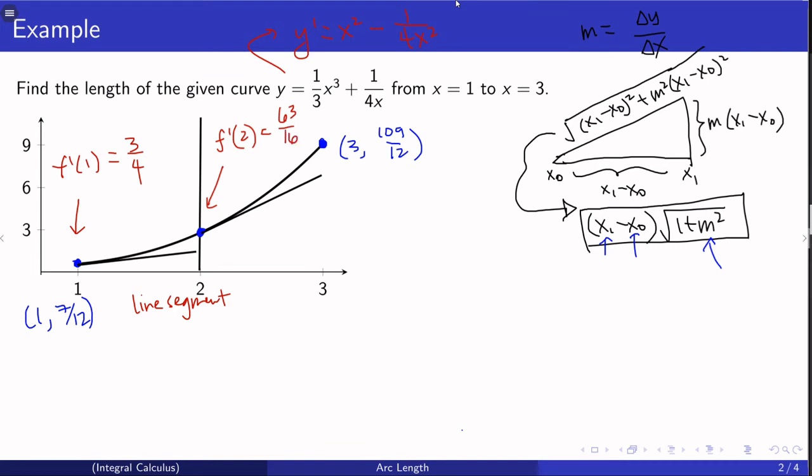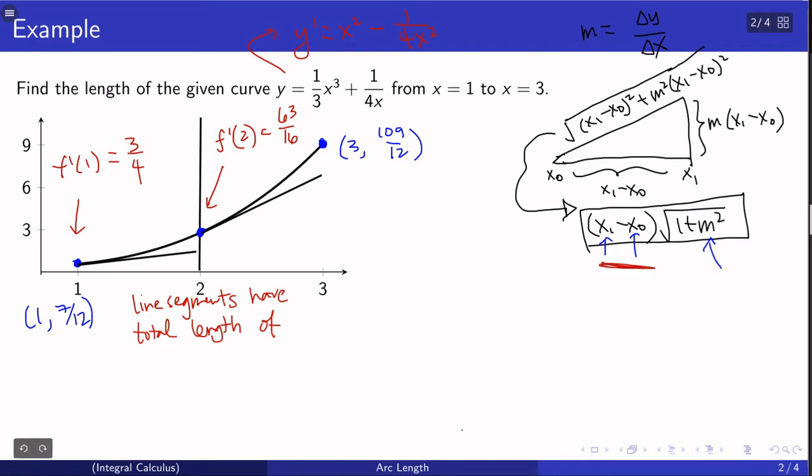And you'll see here that this is a better approximation. It looks like a better approximation instead of using that single line segment a while ago for the whole interval from 1 to 3. And so here, our line segments have a total length of, so we get the length of the first segment first.